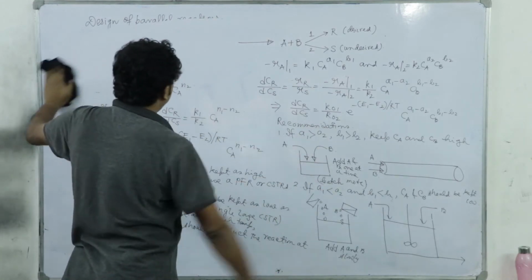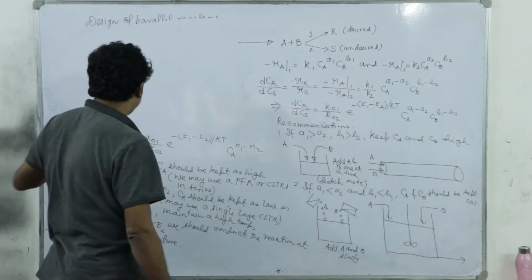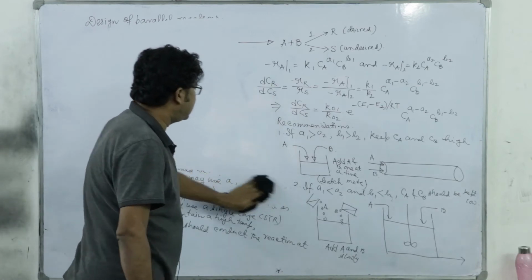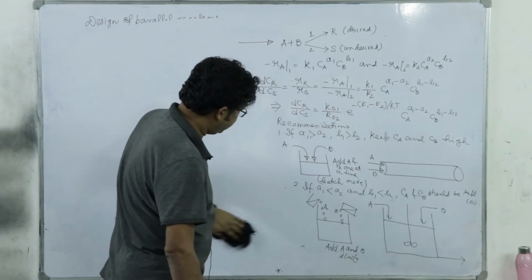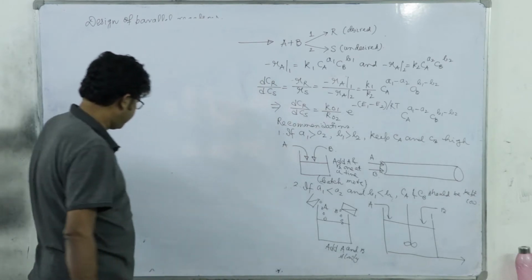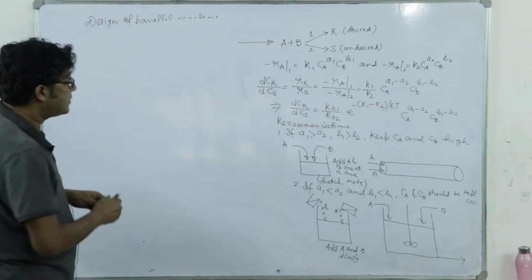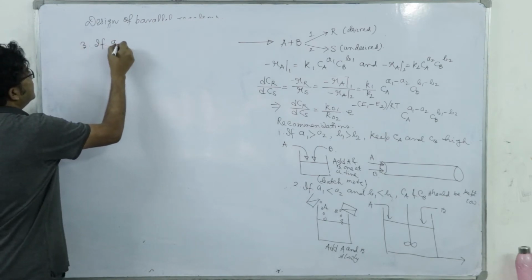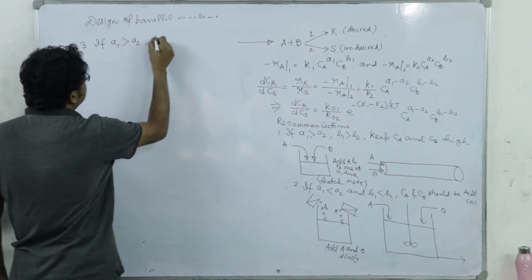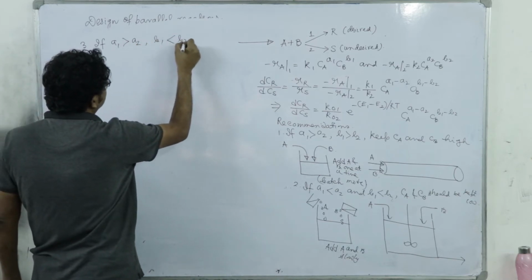Here it was having a kind of parity. Now the case is A1 greater than A2, but B1 is less than B2.